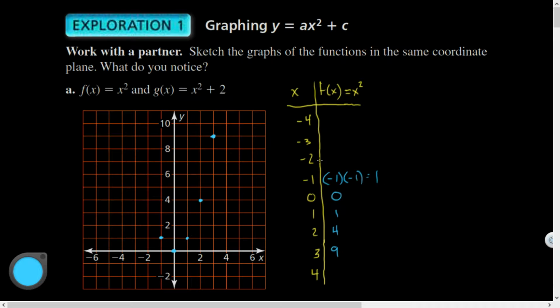What do you guys think -2 all squared will be? -2 all squared will be +4, because a -2 times a -2 is a +4. So if I go from the origin, left 2, and up 4, there we are, like so. And -3 all squared, what's your guess? +9, yeah. So -3 and up 9, like so.